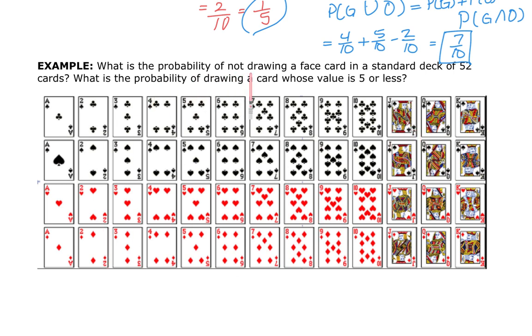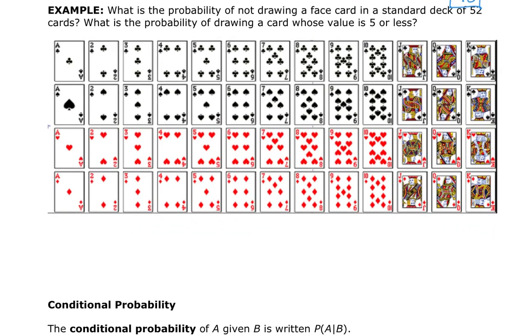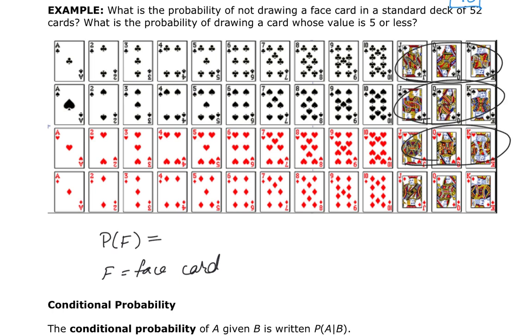What is the probability of not drawing a face card in a standard deck of 52 cards? And so the probability of not getting the face card is going to be, well, I'm going to do the probability of F, where F represents face card. And I can see that I have 3 in each one of these. So in other words, I have 12 out of 52.